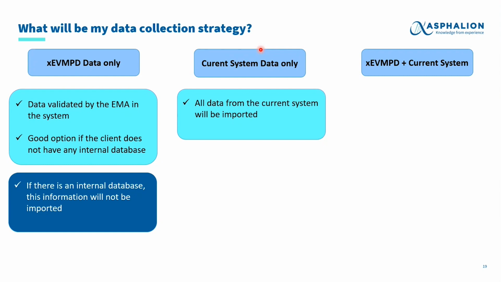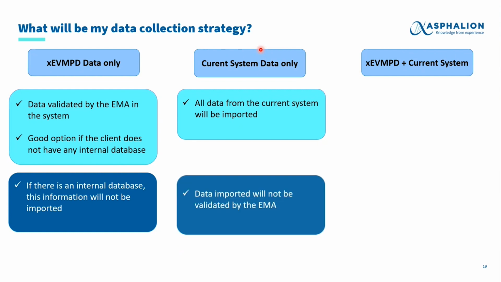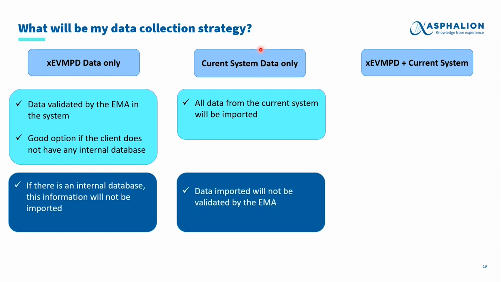But now we come up with another problem. This data will not be validated by the EMA like it is for the XCVMPD data. And also, there is the problem of data quality. Can we trust the data that we have in our internal system? We need to really evaluate this.